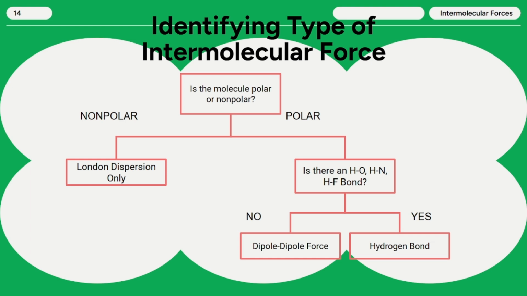If the molecule is polar, then you need to ask yourself another question. Is there a hydrogen bonded to an oxygen, a nitrogen, or a fluorine? If the answer is no, then it is going to experience predominantly dipole-dipole forces. However, if it does have one of these three types of bonds, it will experience hydrogen bond as the main one.